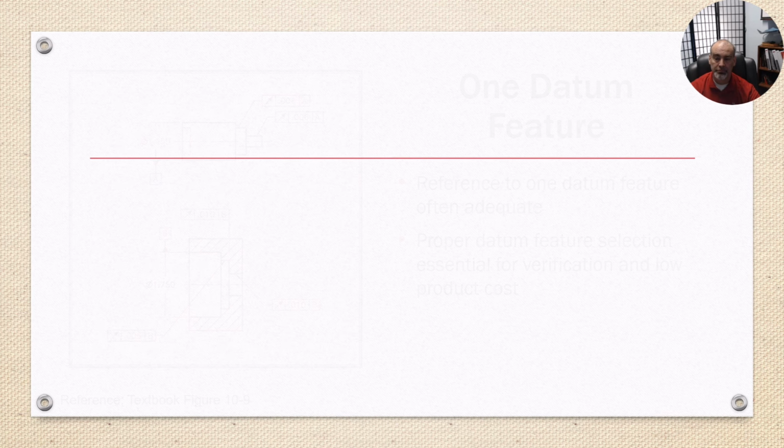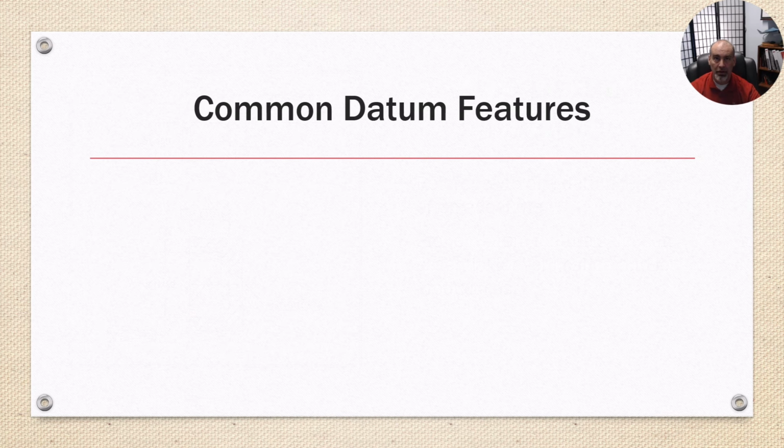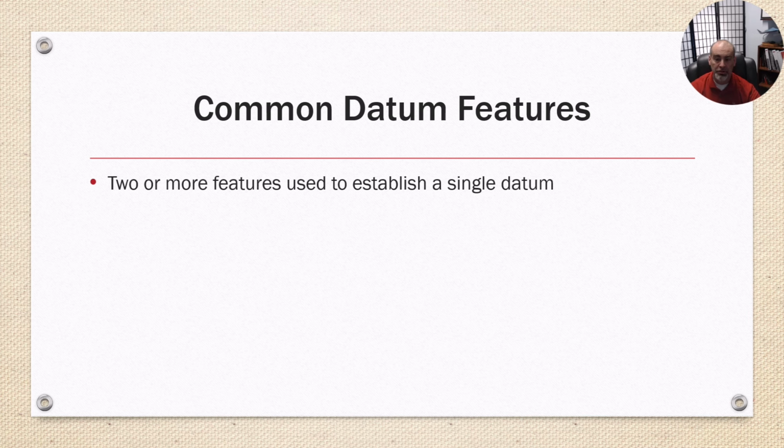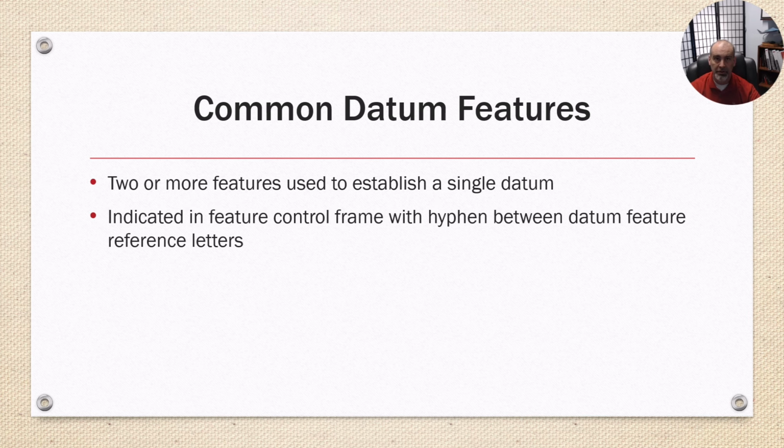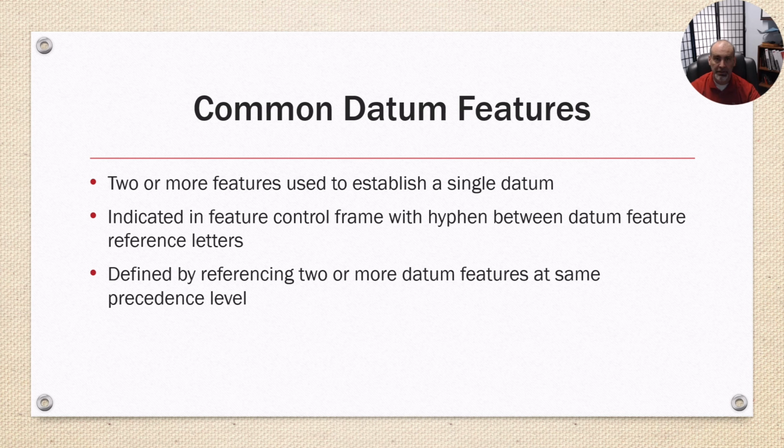Okay, common datum features. Two or more features used to establish a single datum are indicated in the feature control frame with a hyphen between the datum feature reference letters, and defined by referencing two or more datum features at the same precedence level.